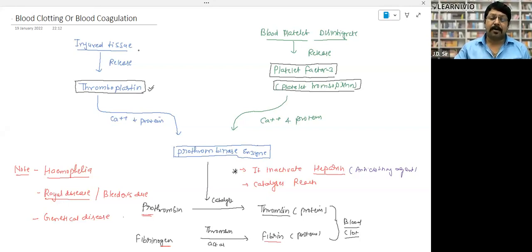At the same time, the disintegrating blood platelets release platelet factor 3, also known as platelet thromboplastin.